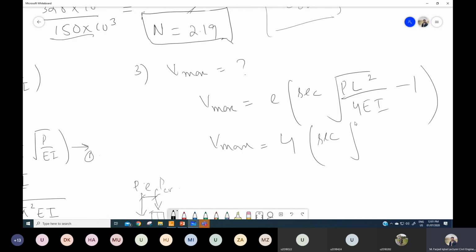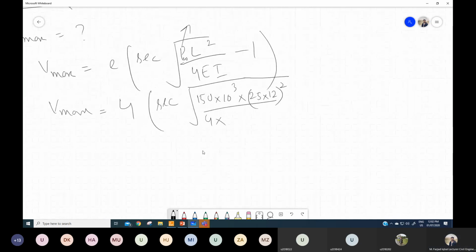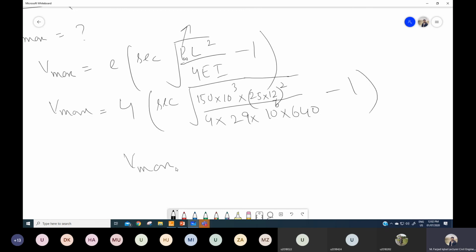This P over here is again the working load, which I should write as PW. This L square is 25, and I have to convert it into inches, so I would multiply it with 12, over 4 into 29 × 10⁶ multiplied by 640, that is I, minus 1. So what will be V maximum?